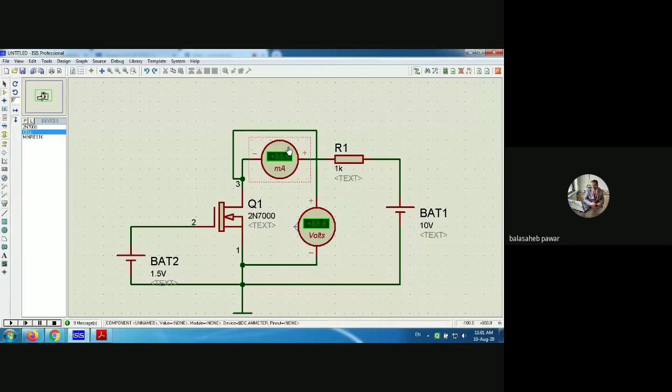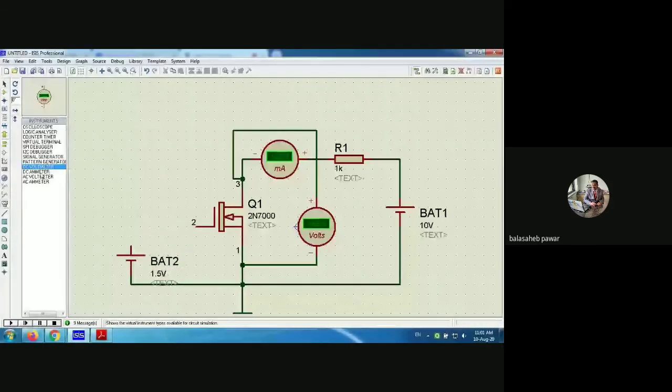So even if we keep this output voltage constant, that is VDD, if you try to change the input voltage and measure the variation in input current, just a minute, I will try to show you.